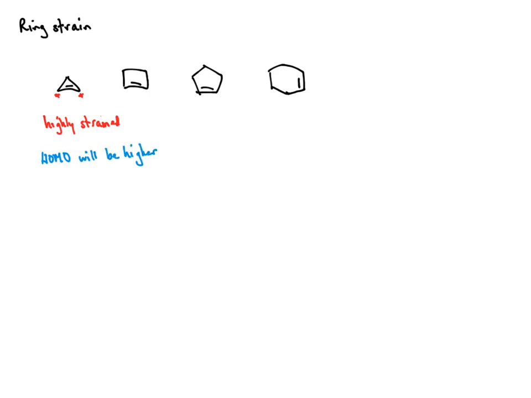Now, larger rings, so if you have 7, 8, or 9-membered rings, they don't suffer from angle strain in the opposite sense, where they have greater than 120 bond angles, because the ring can actually distort its conformation to keep the alkene at 120 degrees. And this is actually demonstrated in a couple of the larger trans alkenes.